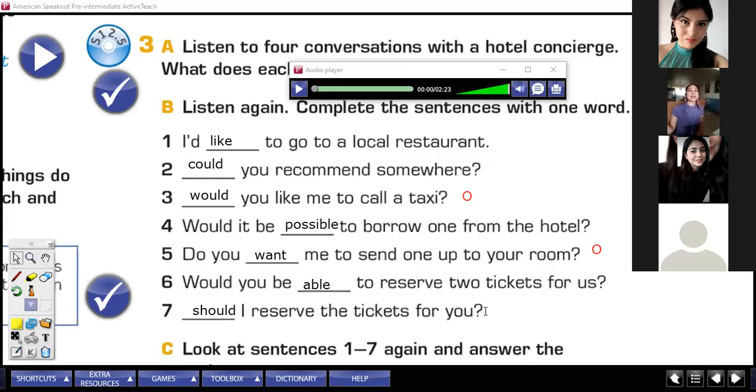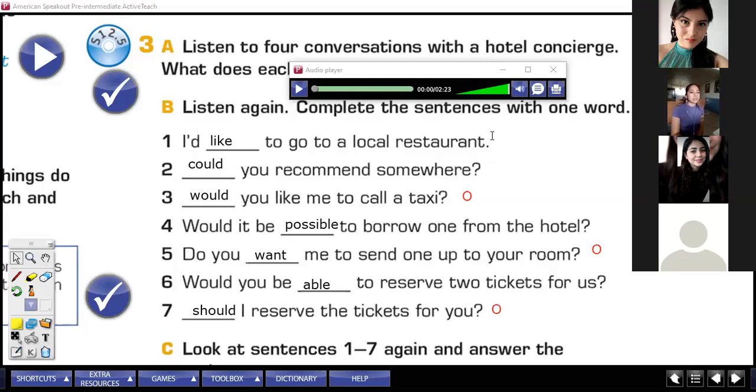That is something that I want, not an offer. But number 7 here sounds like a suggestion. But again, it's just if you want. Should I reserve the tickets for you? That is an offer. ¿Quisieras que lo hiciera por ti? Should I reserve the tickets for you? Good. The rest, they are requests.